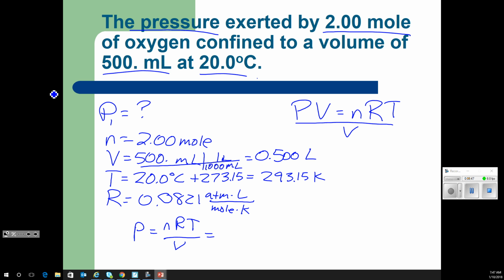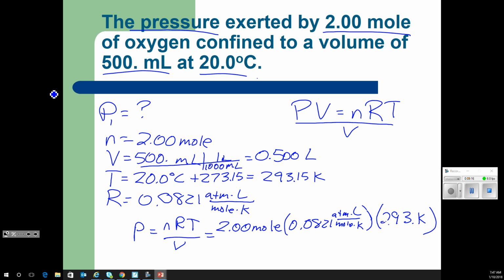Plug in everything I've got. 2.00 moles times 0.0821 atmospheres times liters divided by mole times Kelvin, times the temperature, 293 Kelvin.